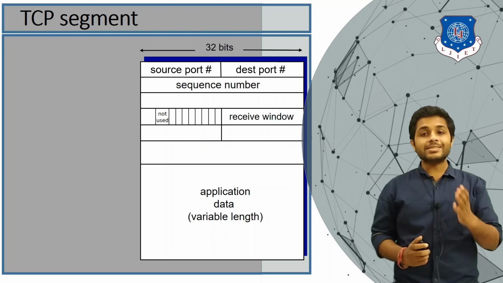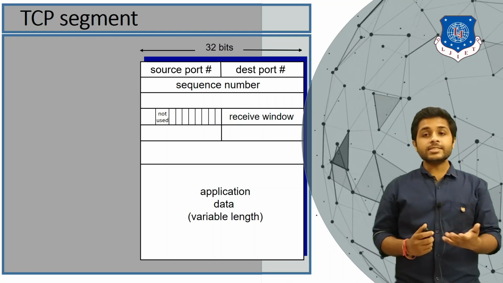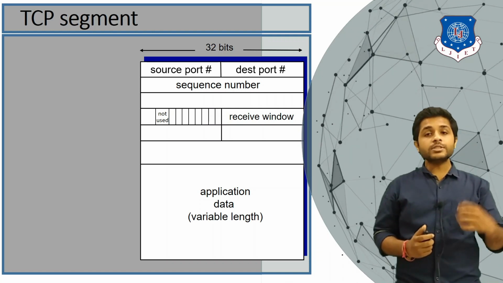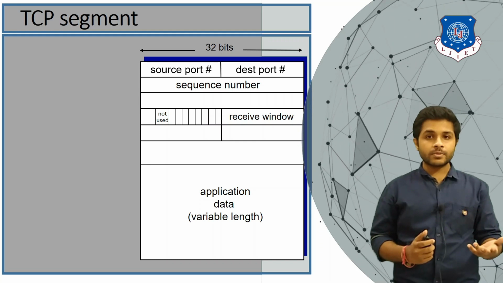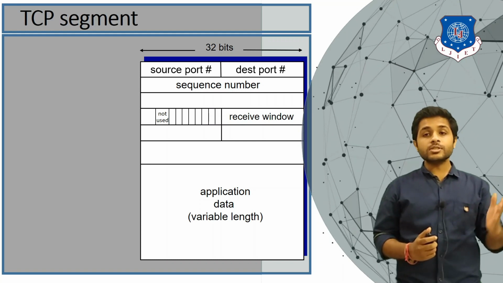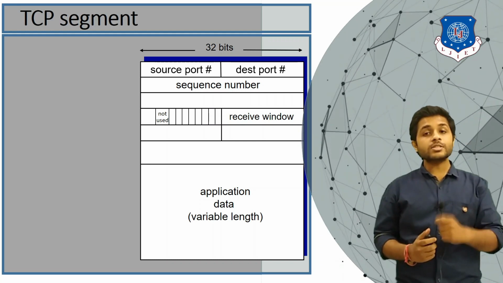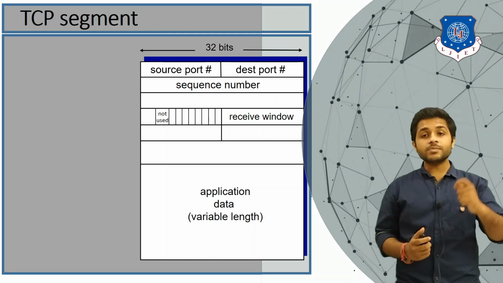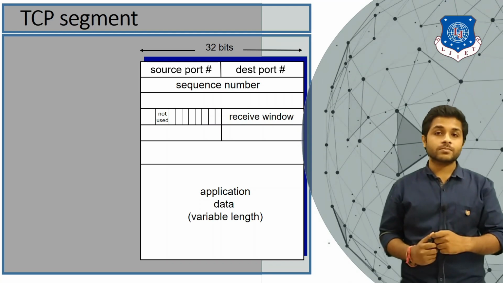The next field is the sequence number. Now what is a sequence number? Suppose the sender is sending 10 packets. When the receiver receives all these packets, using the sequence number, the receiver can arrange these packets in the proper order.